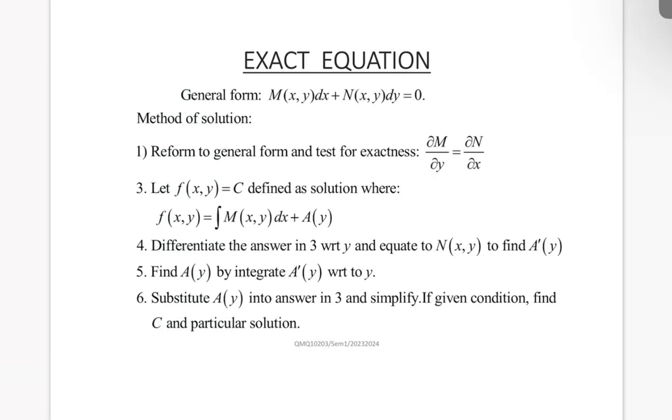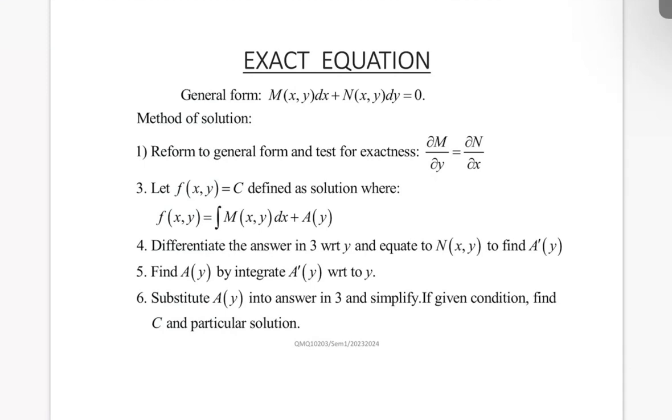Alright, so for today, let's just recap what we have learned last week, and then if we have time, we will learn the last subtopic, which is the applications of first order linear differential equation.